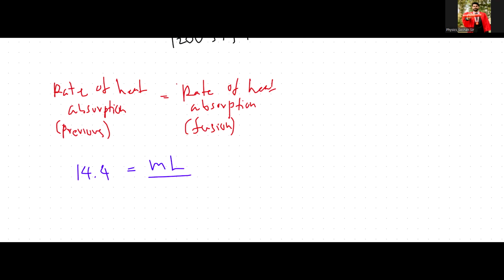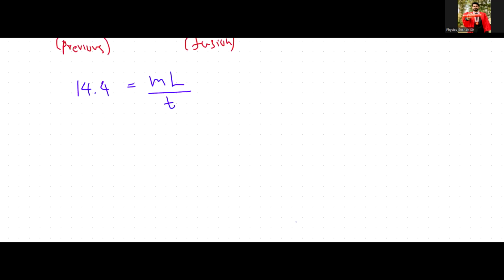Now we have all those values, isn't it? We have the time and everything. So this is 14.4, and m is 100 gram, so it is 0.1 kilogram. L is the value we want to calculate.